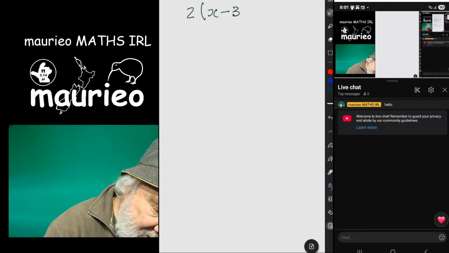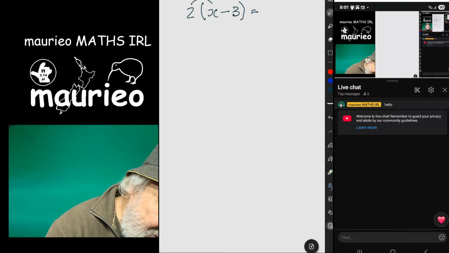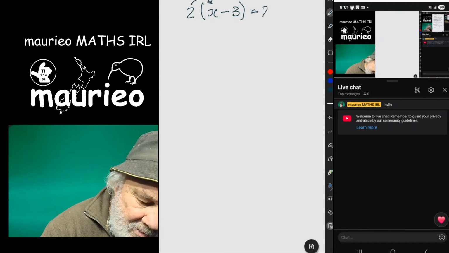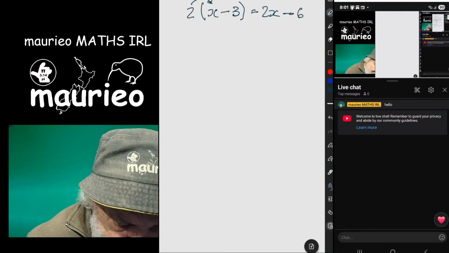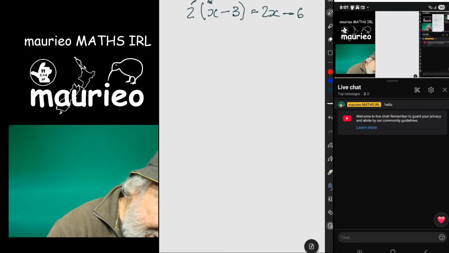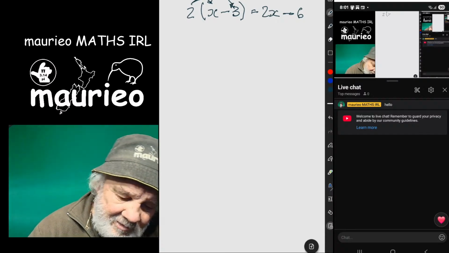So what does that mean? Well, again, 2x, expand. Okay, so minus 6. 2x minus 6. So the minus goes there.